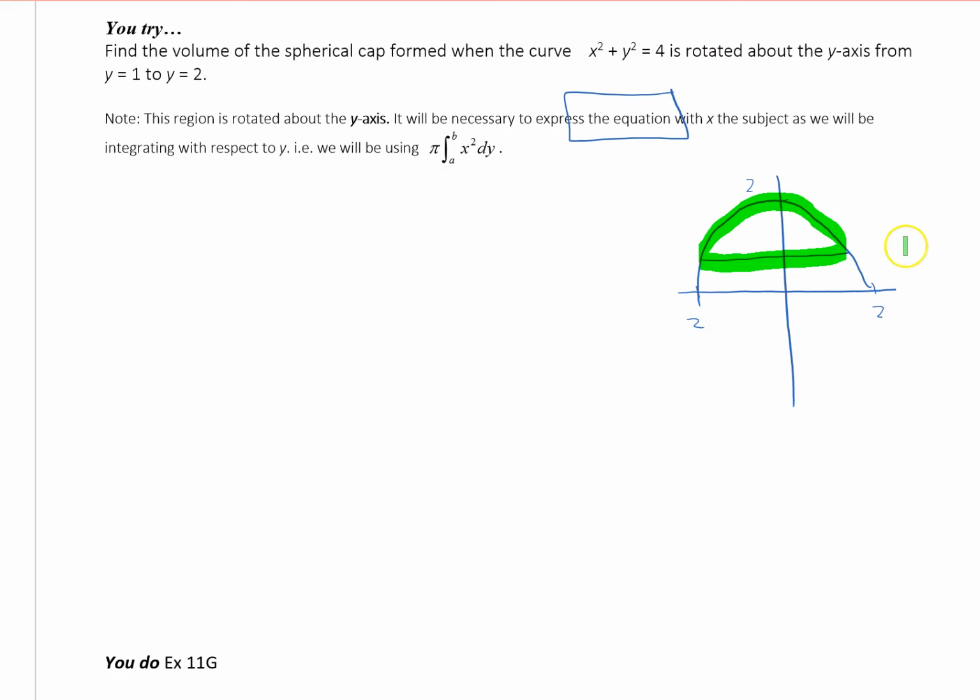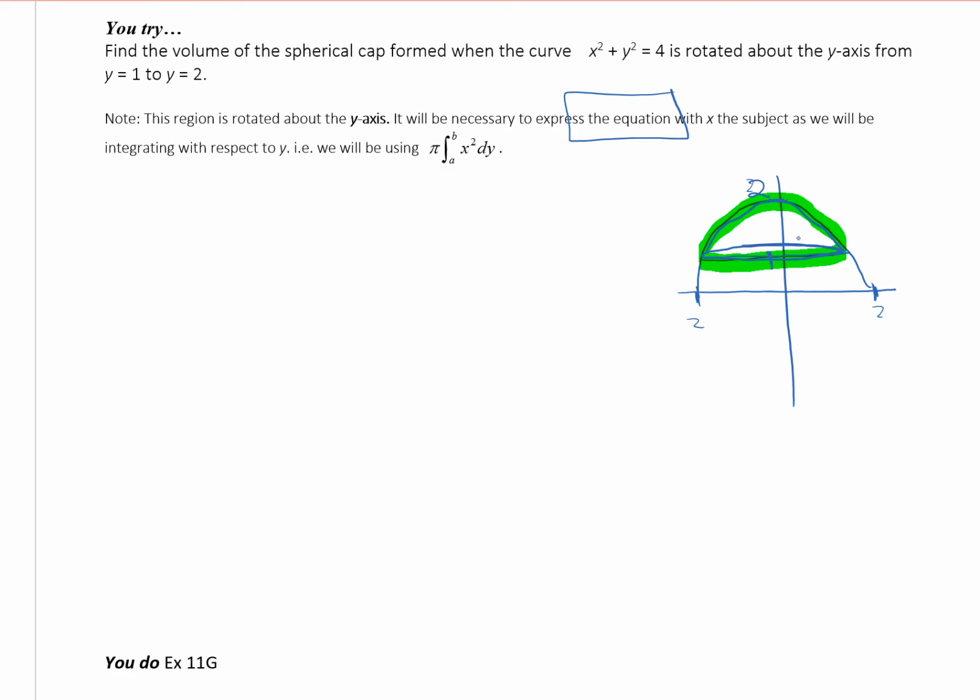You can see here I've drawn the circle. x squared plus y squared equals 4 is a circle of radius 2. I just didn't draw the bottom of it because we want from y equals 1 to 2. So this would be 1, and this is up here at y equals 2. And if you cut that off there, you've got a solid, and it is like a very neat fitting cap.